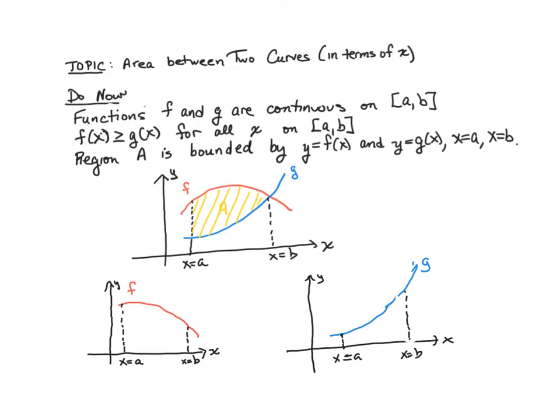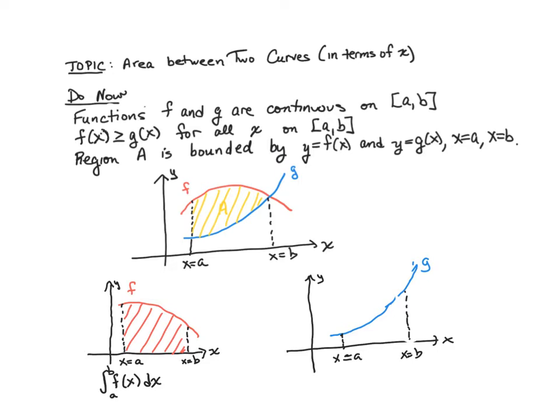If we take the graphs of these functions separately, the graph of f and the graph of g, the definite integral of f of x with respect to x from a to b would represent the area from the graph of f between the two vertical lines x equals a and x equals b to the x-axis. So that definite integral is the net area under the curve.